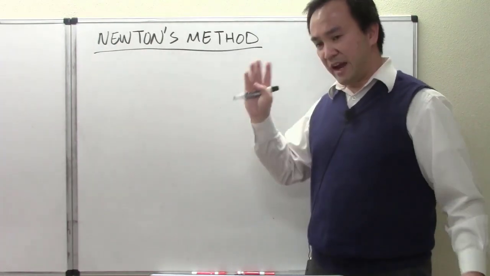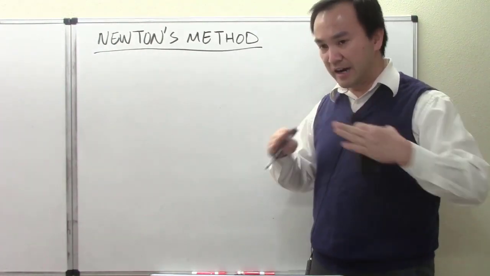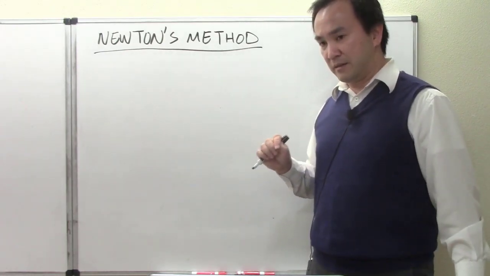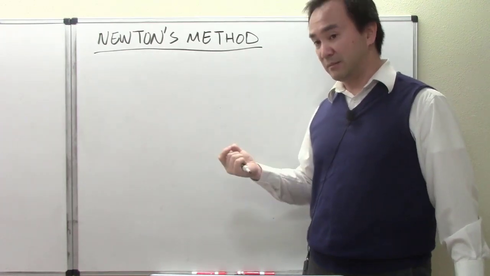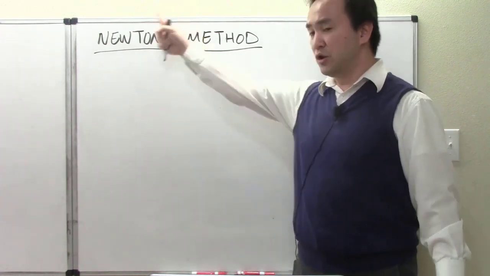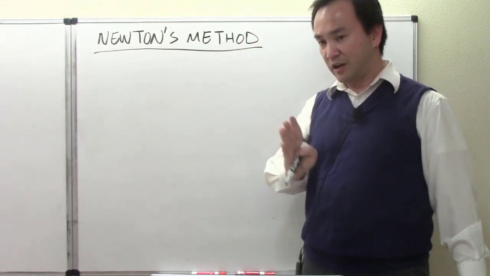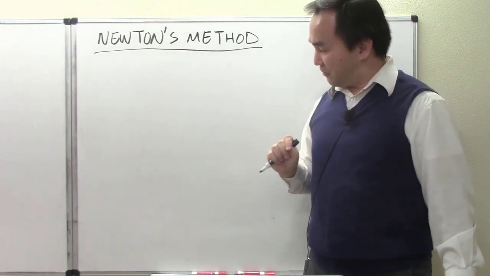The other methods you'll have to wait for until a more advanced course in mathematics, as there's an entire field of numerical mathematics where we approximate values. But Newton's method is easy enough to be taught at a beginning calculus course level.